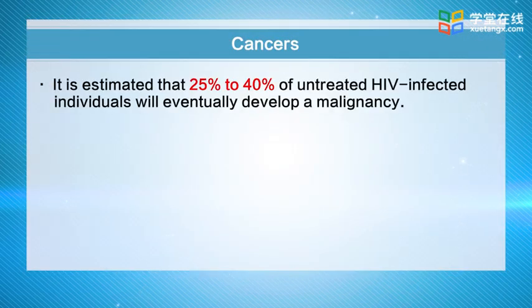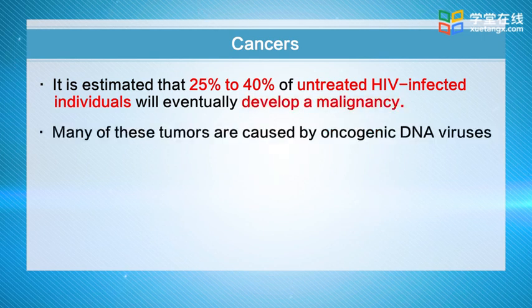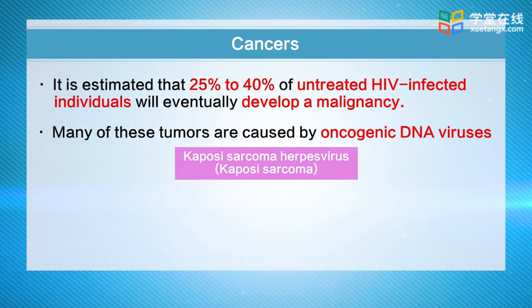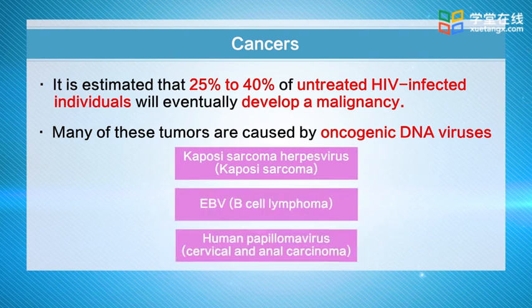It's estimated that 25 to 40% of untreated HIV-infected individuals will eventually develop a malignancy. Many of these tumors are caused by oncogenic DNA viruses, including Kaposi sarcoma herpesvirus, EBV, and human papillomavirus.